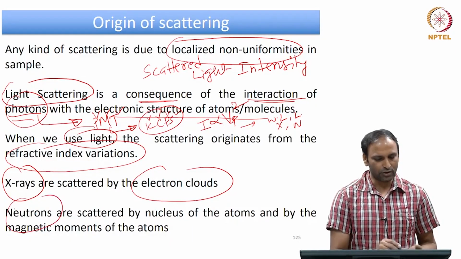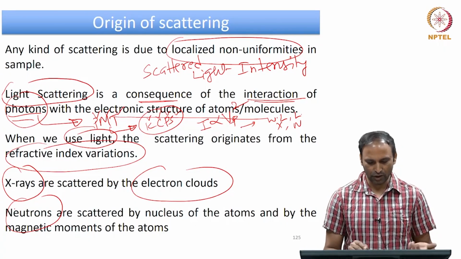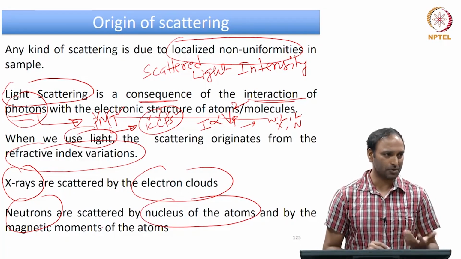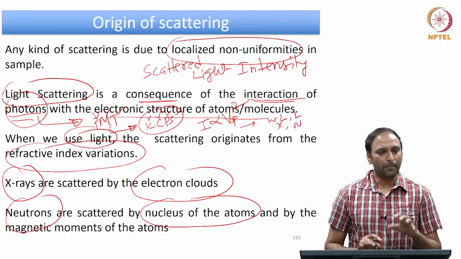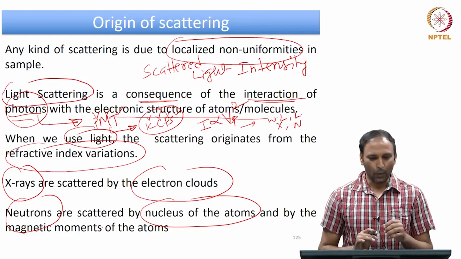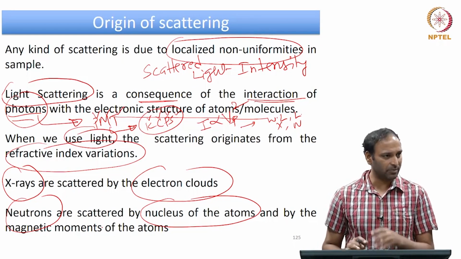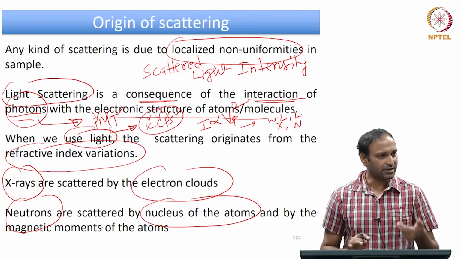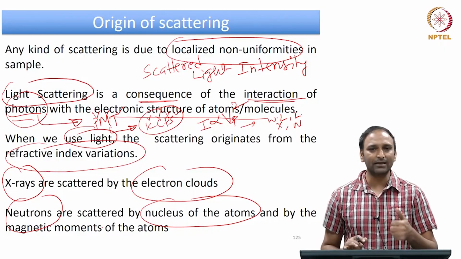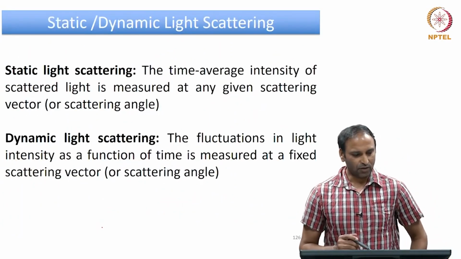And if you have neutrons as the radiation, then the scattering occurs because of the interaction of the neutrons with the nucleus of the atoms or the magnetic moments of the atoms of the molecules that constitute the particles. That is a difference, but except for the origin of scattering, the way the scattered intensity is analyzed in any of these experiments, whether light, X-ray or neutron, is very similar. Only the scattering originates from different reasons. I had mentioned this.